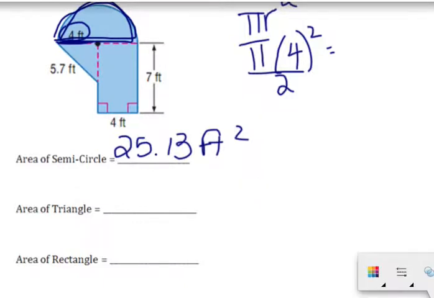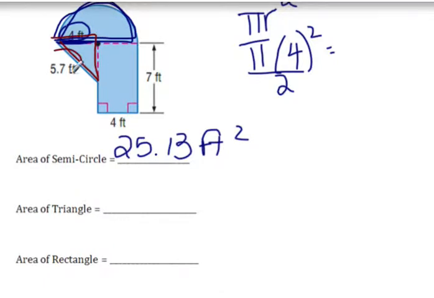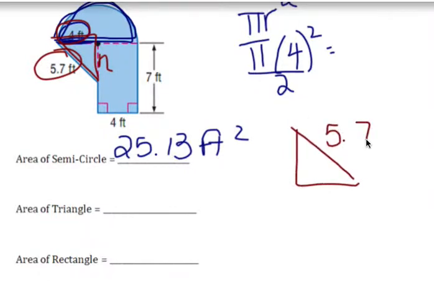So now it's asking me for the area of the triangle. So the triangle is going to be this guy right here. What we know about the triangle is we know the hypotenuse and we know the base. What we don't know is the height, and we actually do have to know the height in order to get the area. So I'm just going to draw that triangle out. We have a hypotenuse of 5.7, and we have a base of 4. So I'm going to use the Pythagorean theorem to get that leg there.